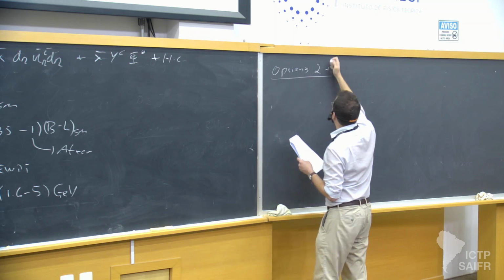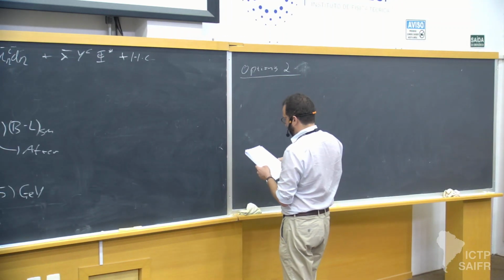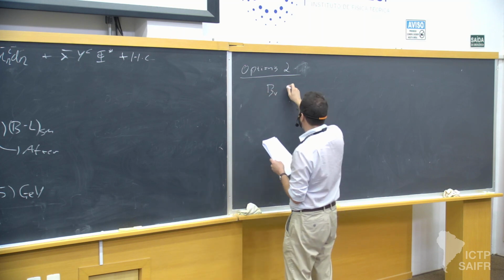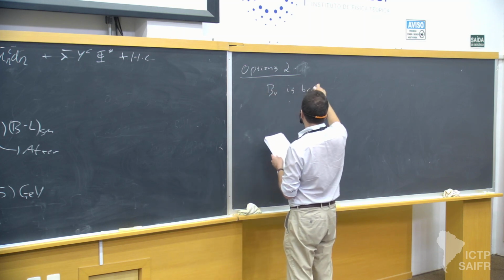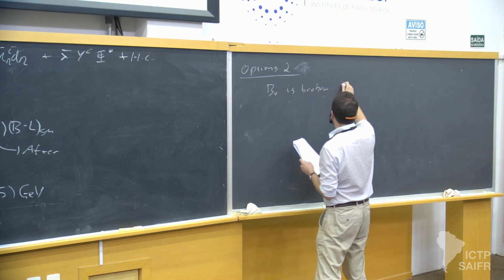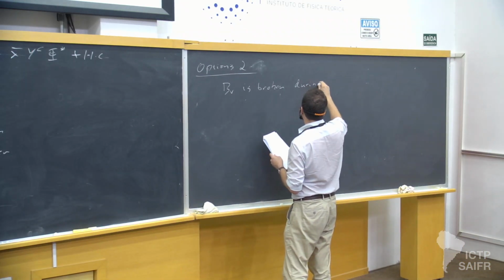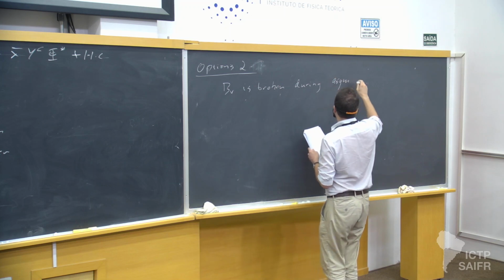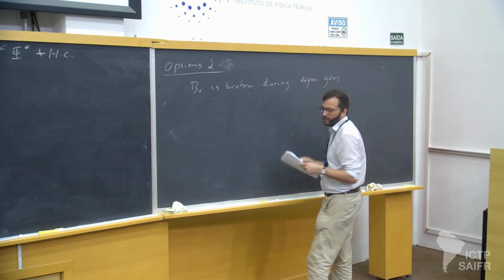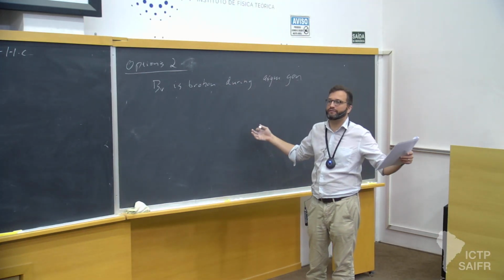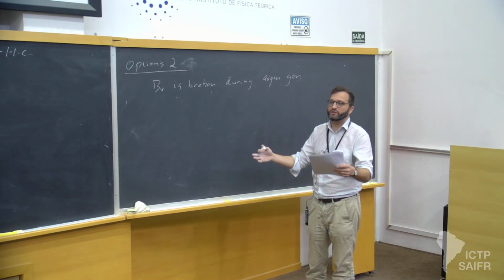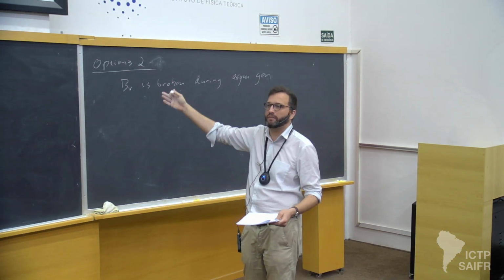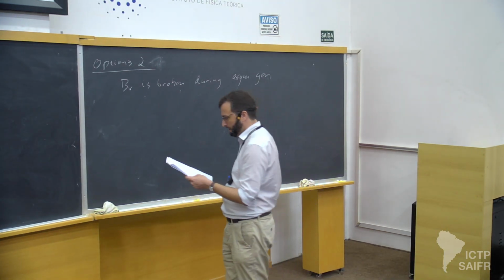Okay, let me write option 2 first. Option 2 is that the visible B minus L is broken during asymmetry generation. So imagine you have just a standard leptogenesis, where a heavy Majorana neutrino is creating some baryon minus lepton number.